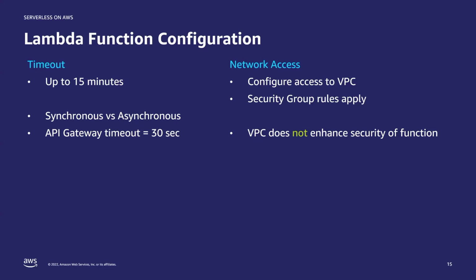15-minute timeout can be synchronous or asynchronous. And when it talks about network access in AWS, we have security groups that are groups based on both network and identity that control your access to your services. So that's an extra layer. So you're not just blocking IP addresses.